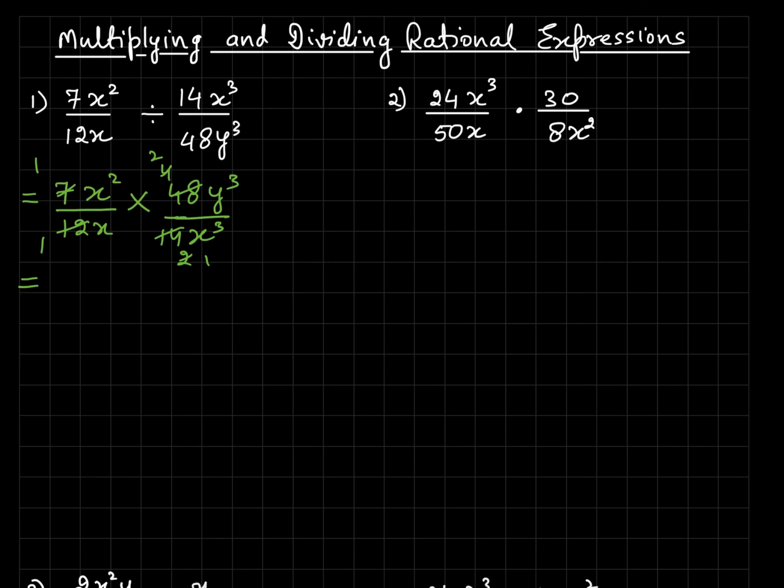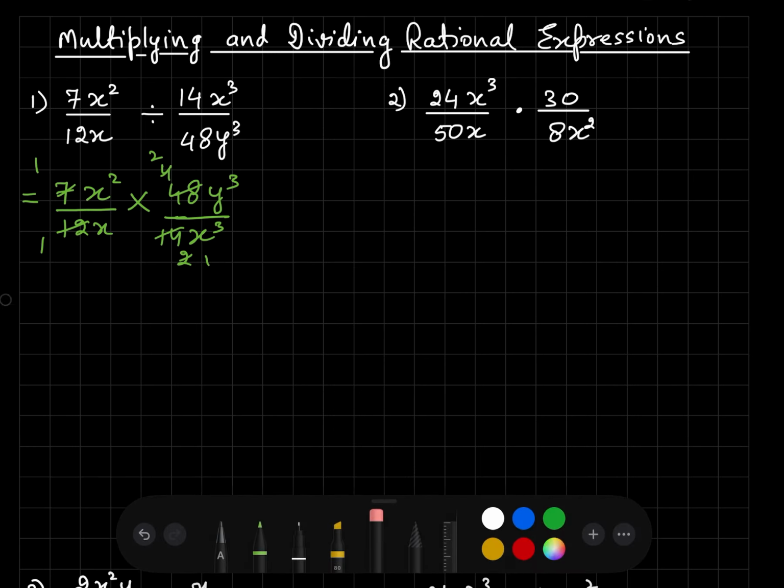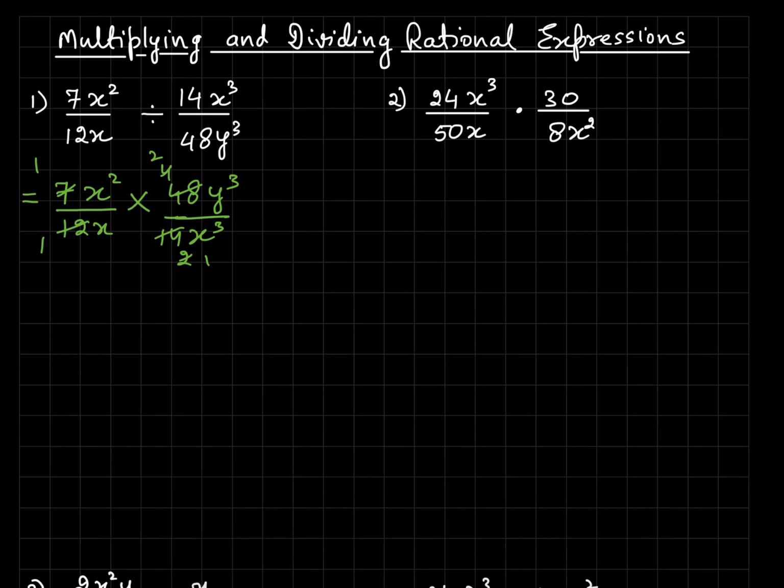What we are left with now in the numerator is only 2, then we have x squared and y cubed. Down below we are left with 1x and x cubed, so this is x raised to the power 1.